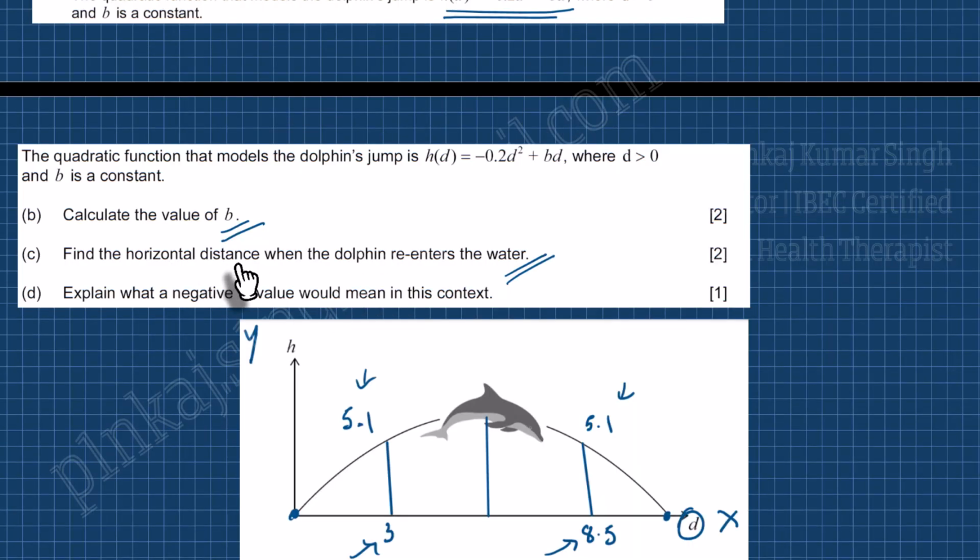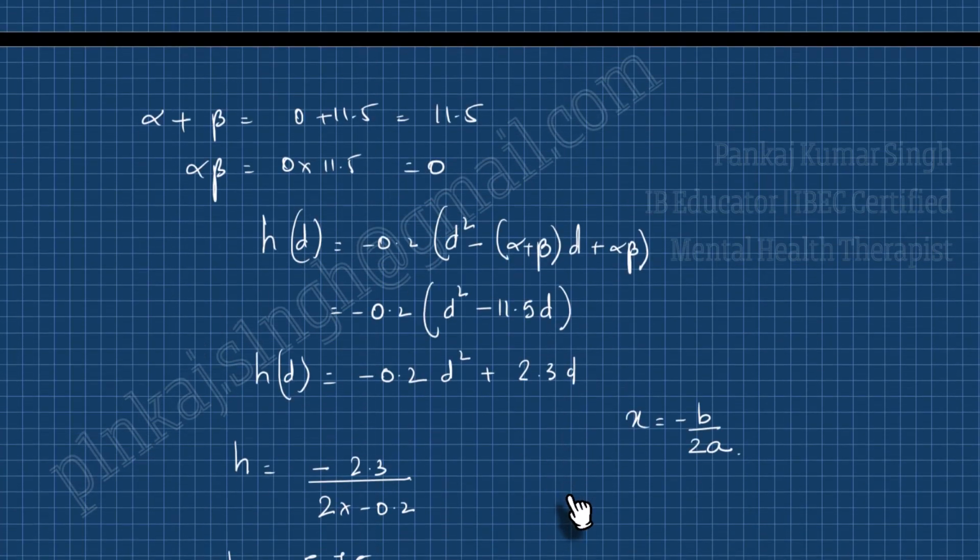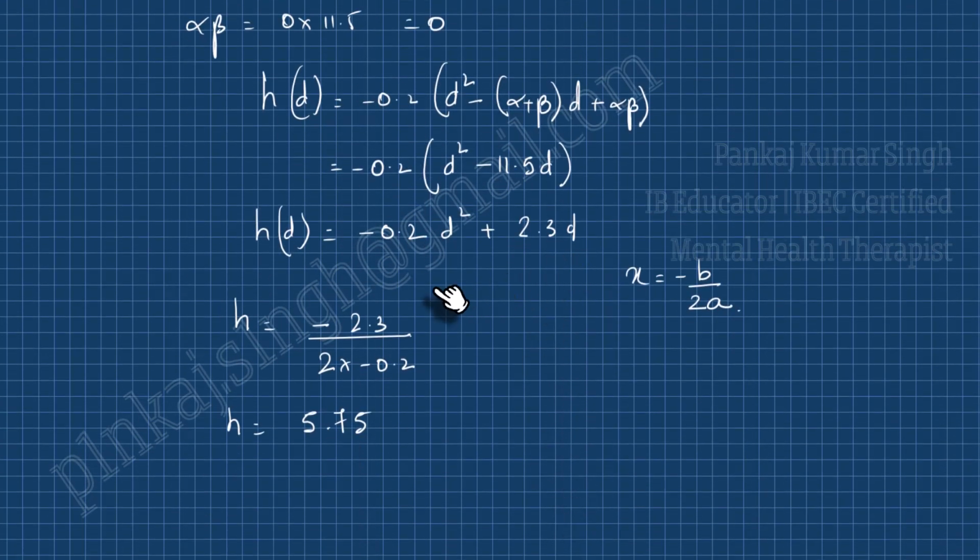So when is the dolphin entering the water again? We've already found that out as 11.5. You can either do that or you can take this equation and substitute in the solver.